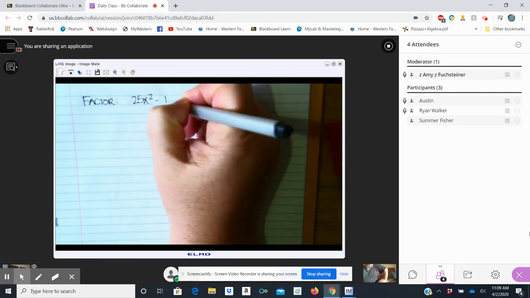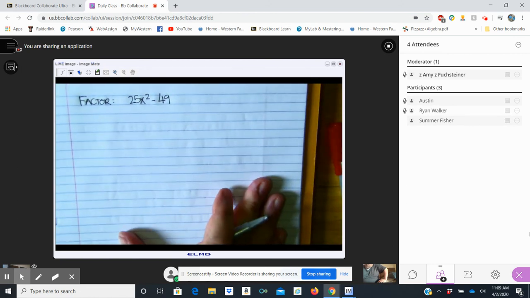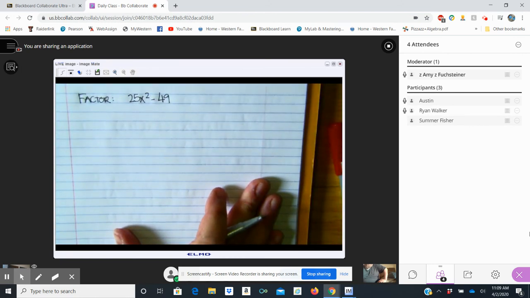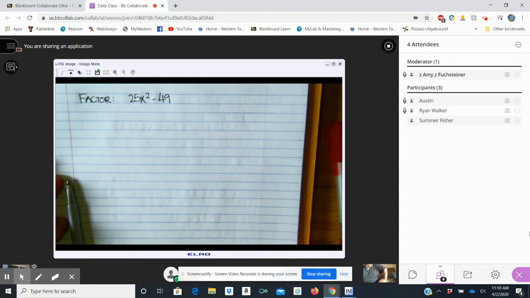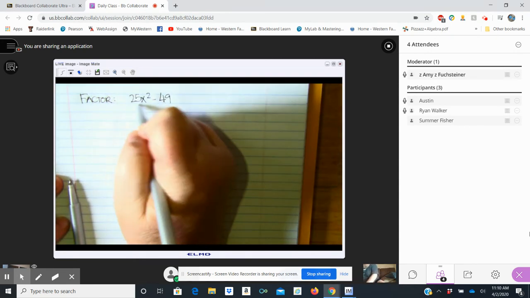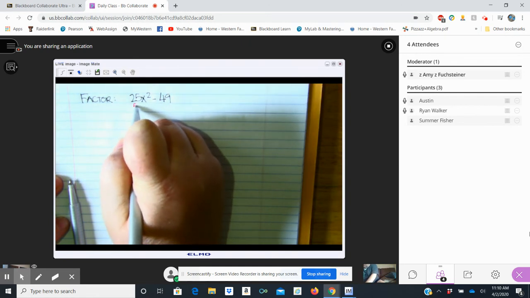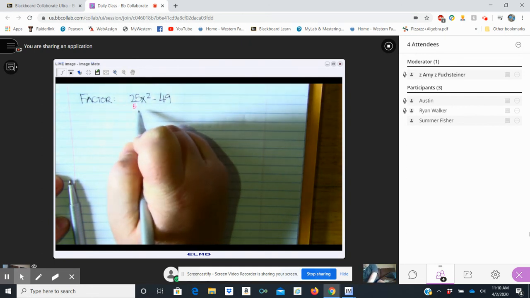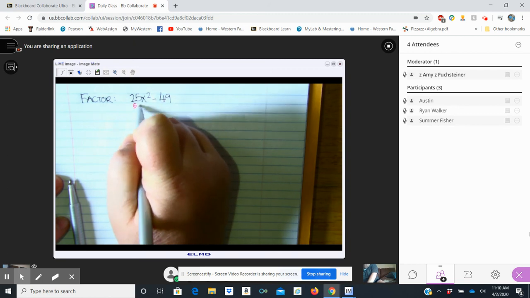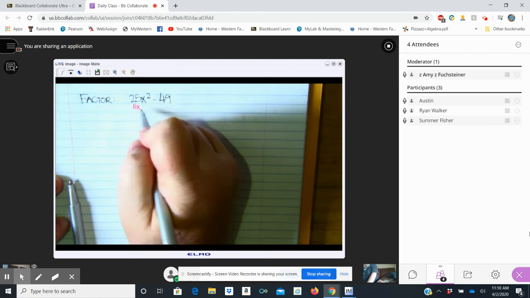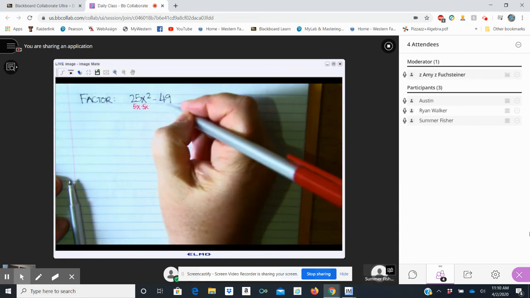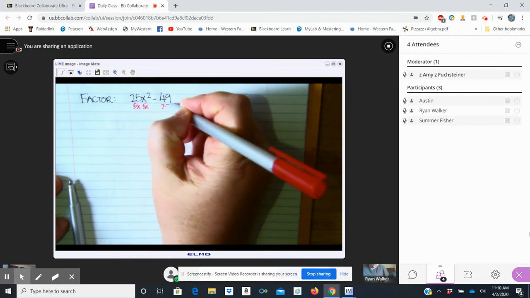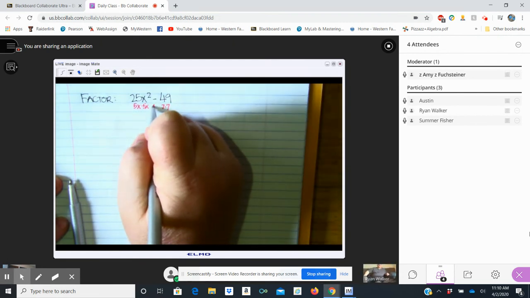25x squared minus 49. So, is 25x squared a perfect square? 5 times 5 is 25. x times x is x squared. Is 49 a perfect square? Yes. And is that the difference?